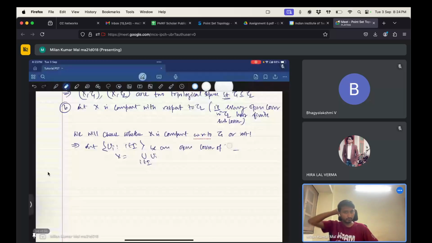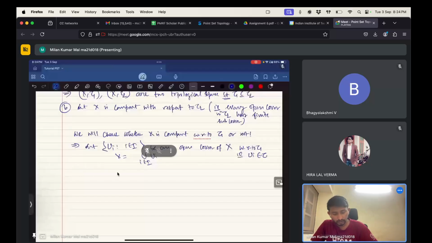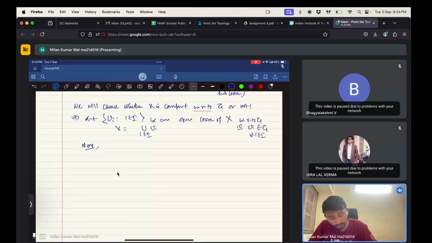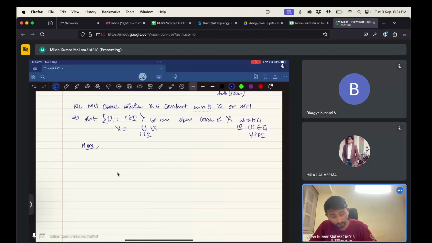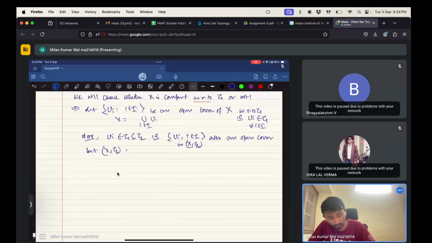Now U_i belongs to tau 1 and tau 1 is a subset of tau 2, right? So this is also an open cover of (X, tau 2). But (X, tau 2) is compact.